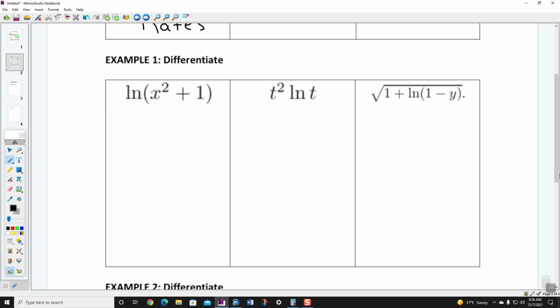A to the u was u prime natural log of a times a to the u. Arc sine. Ooh, already spelled today. That's going to be u prime over the square root of 1 minus u squared. Our tangent was a new one.